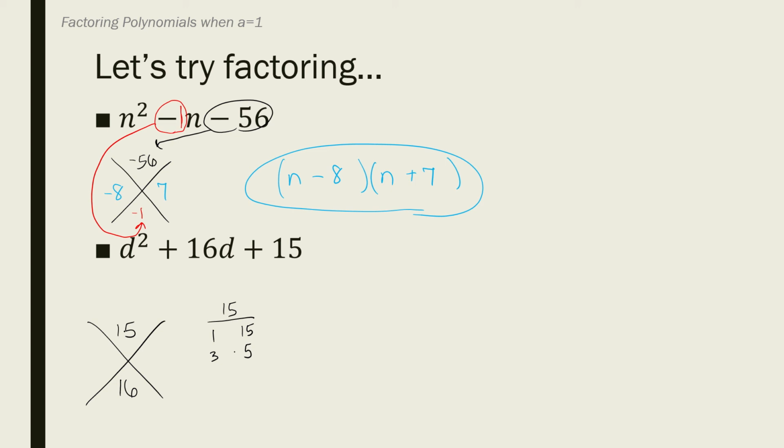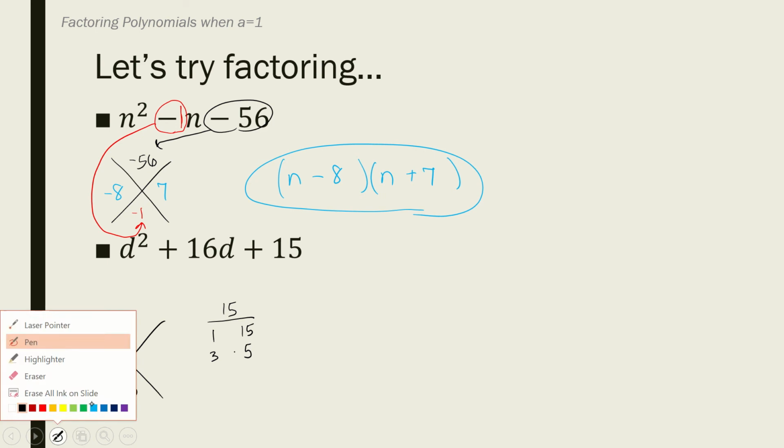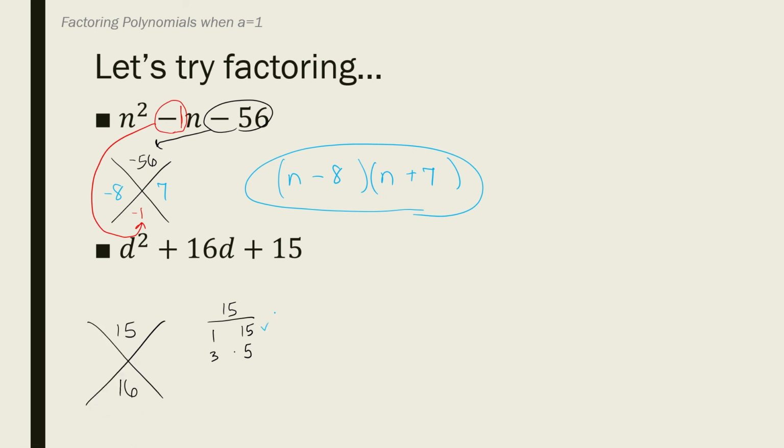Well, if they're multiplying to give me a positive and they're combining to give me a positive, I know both of my factors have to be positive. So 3 plus 5 gives me 8. That's not what I'm looking for. 1 plus 15 gives me 16. That is what I'm looking for. So that's the pair that worked.